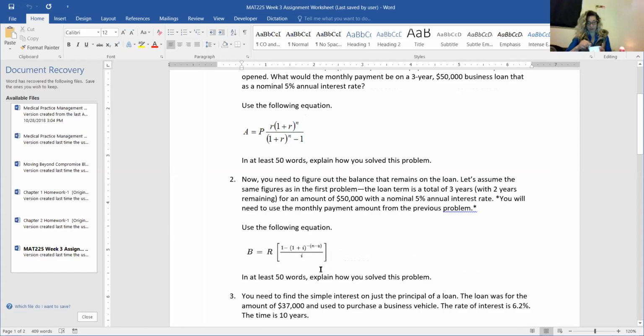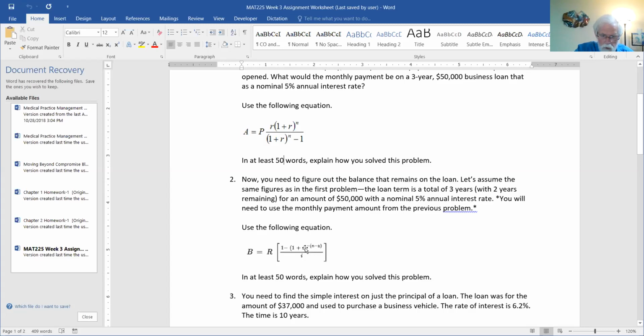And here, remember, you're looking for the remaining balance after 1 year of payment. That's what 2 years remaining means. You've made the payments for a year, so you've made 12 payments. In this particular case, N is the same number that we started with up in problem 1, 36. And we've made 12 payments, so we calculate the difference between 36 and 12 here.